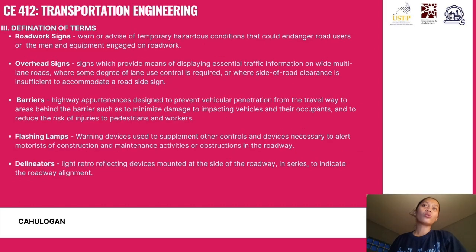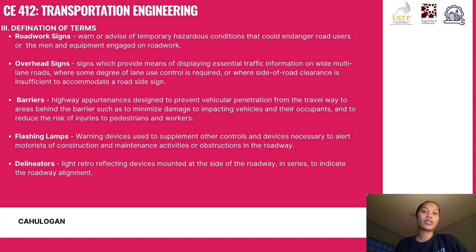Next, we have roadwork signs, used to alert drivers of an area where construction and maintenance is taking place. Next we have overhead signs. These are typically used to display information such as lane designations, upcoming exits, speed limits, and so on.